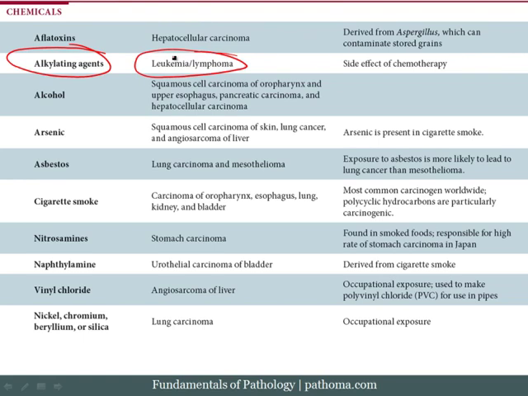I don't think this is going to be too hard for you to remember, because if you go back to pharmacology, you're well aware that when we treat patients who have cancer with an alkylating agent, one of the complications of those chemotherapeutic agents is an increased risk for the development of leukemia and lymphoma years down the line, so that they can get secondary leukemias and lymphomas 5 or 10 years later. So it is a long-term side effect of chemotherapy. That's sort of a pharmacology tie-in.